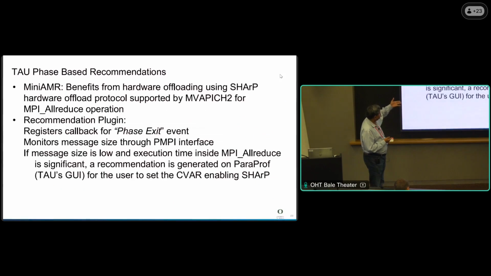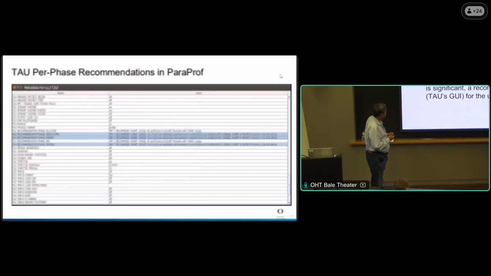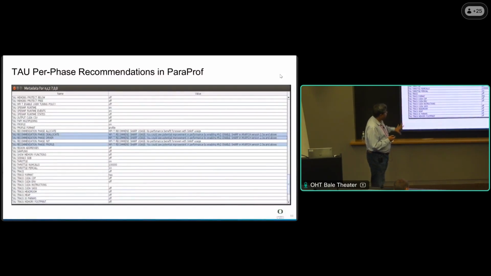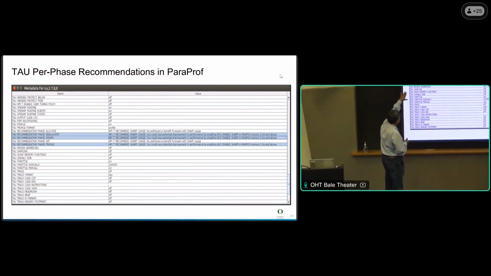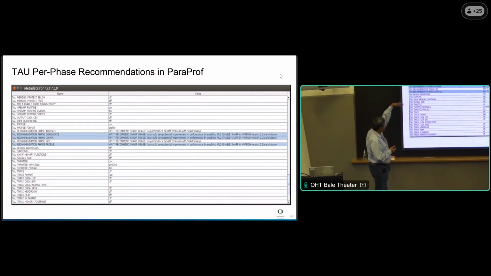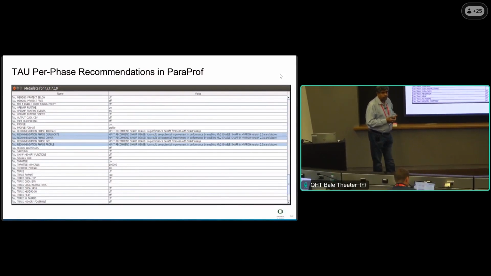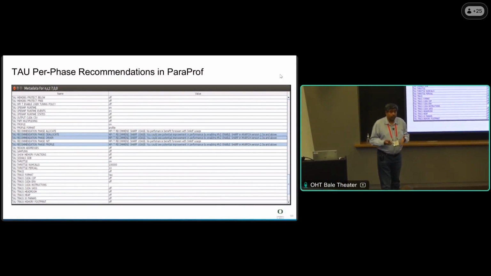So to show you an example of how this would work, this is a plugin that checks for the performance and then creates recommendations. These recommendations, such as this TAU recommendation, on a phase-by-phase basis, is saying, please use the SHARP interface because you're spending too much time in a collective operation.